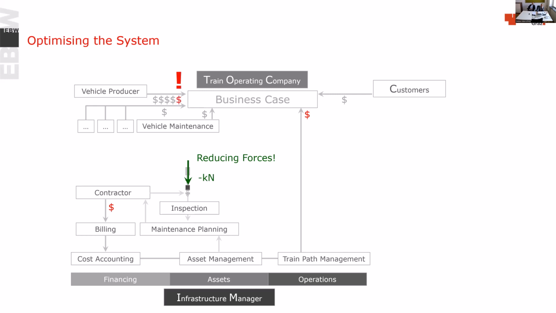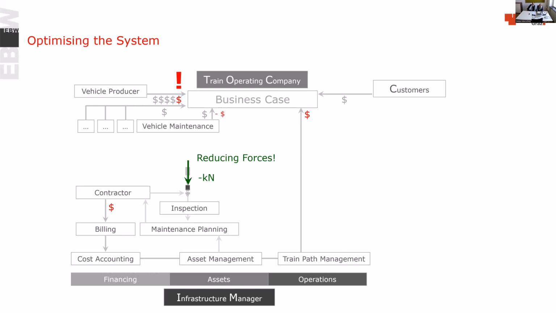The first and probably most important one is when we use a vehicle which reduces forces, it will be more costly. We could reduce the unsprung mass. We could improve the steering of the bogies and so on and so forth. We could use lightweight construction, but this comes not for free. That would be additional costs in the business case of the train operator.